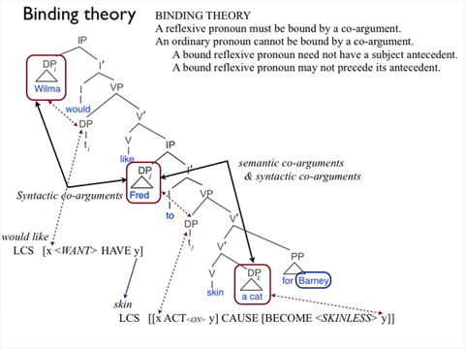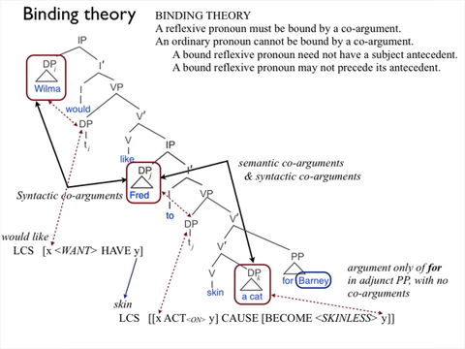Because Fred is a co-argument semantically as well as syntactically with the object of that embedded VP. But we could also have Wilma would like herself to skin a cat, which would be fine, remember? That would be okay, because Wilma and herself are syntactic co-arguments, and that would be a scenario in which you would get reflexive anaphora.